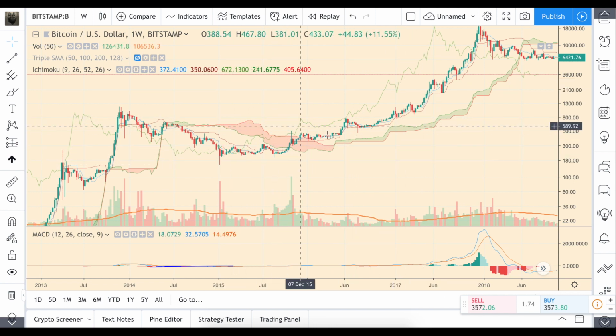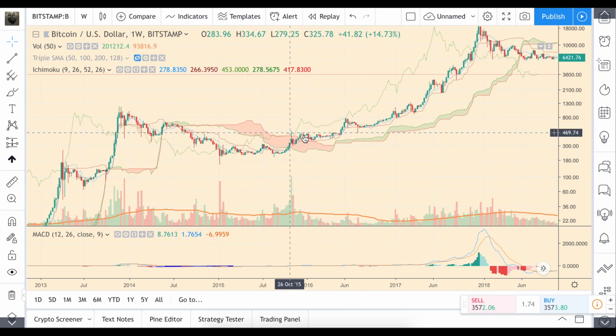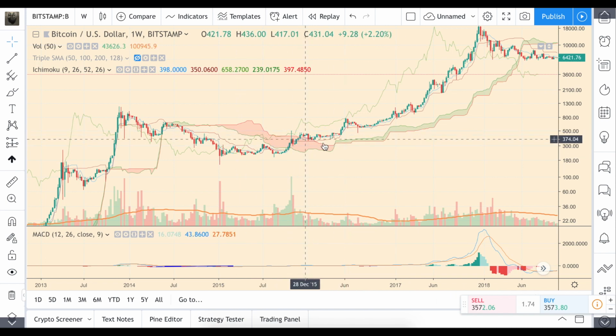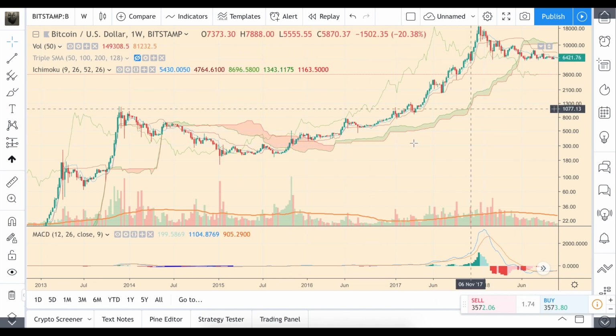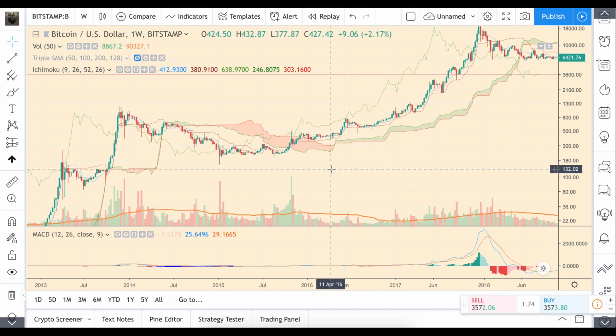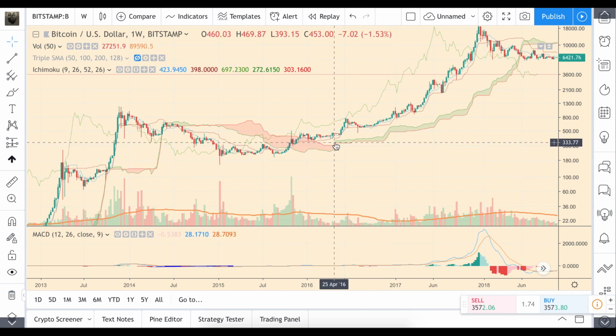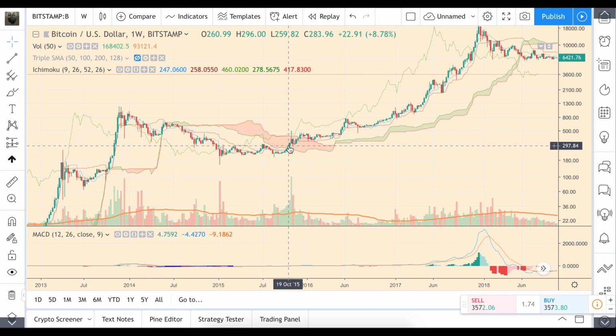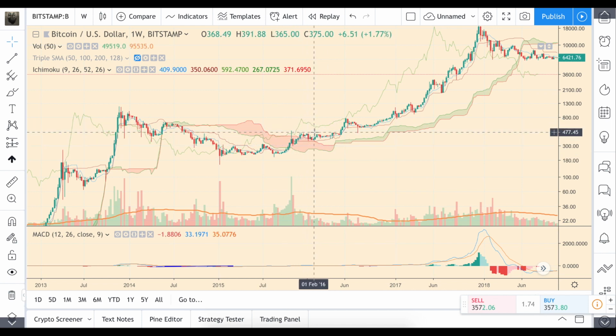For example, the red cloud is an indication of a bear market, a strong downtrend, and the green cloud is a strong bull trend. The intersection is a change of the trend, and when the price crosses the cloud, that is also an indication of the change of the trend.